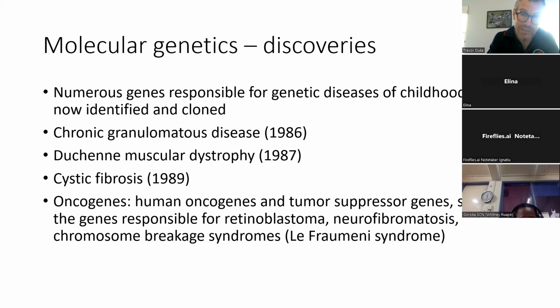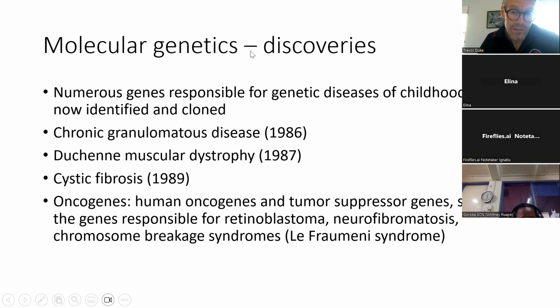You've heard of Duchenne's muscular dystrophy, which is the most common cause of muscular dystrophy or inherited muscle weakness, almost always in boys because it's an X-linked condition, and of course cystic fibrosis, which causes bronchiectasis and suppurative lung disease, and also pancreatic inflammation and pancreatic insufficiency.